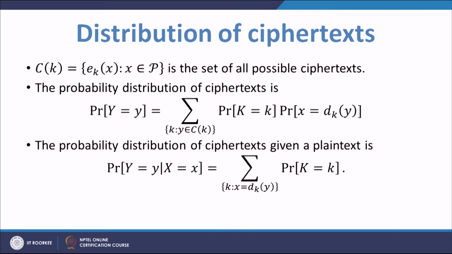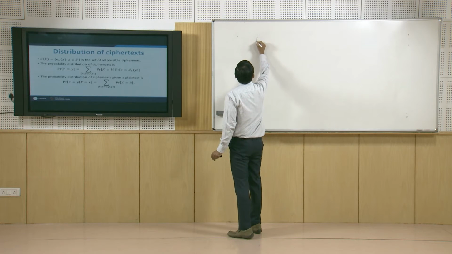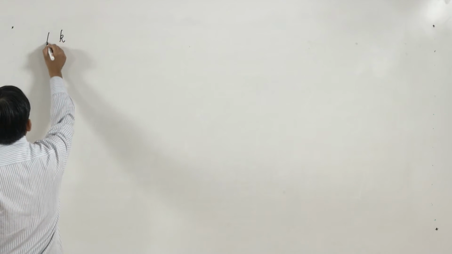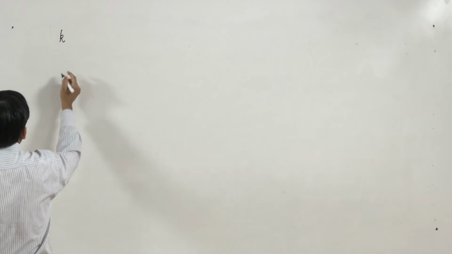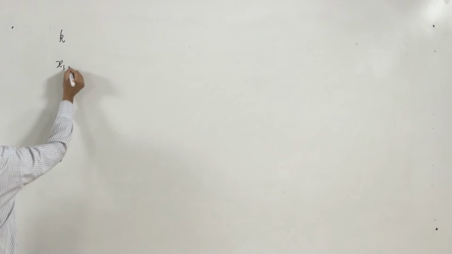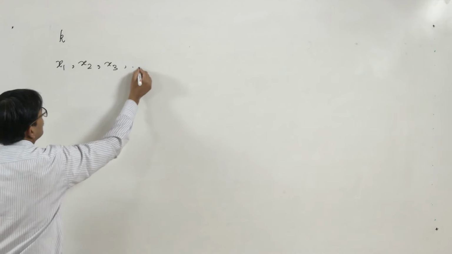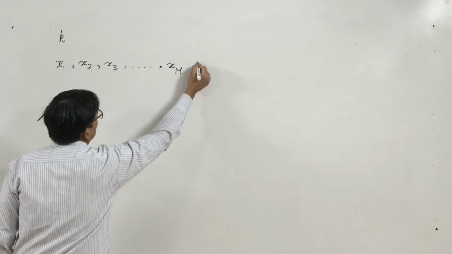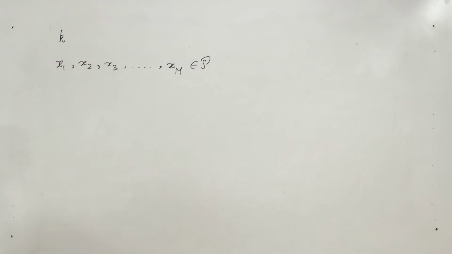We choose a key k, and then suppose x1, x2, x3 and so on up to xM are all the plain text elements.